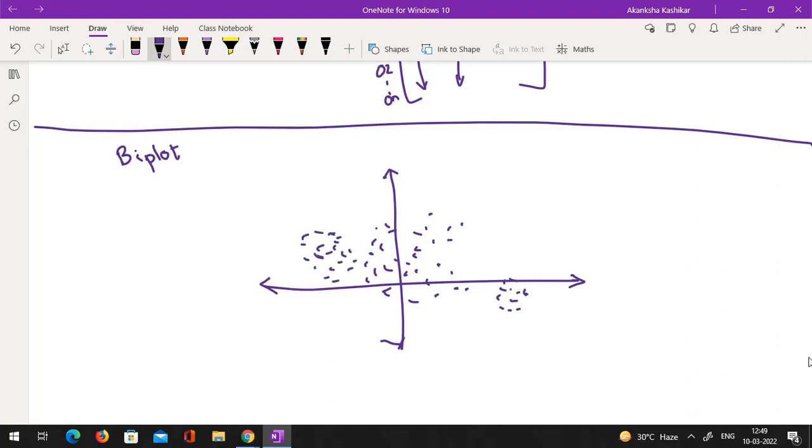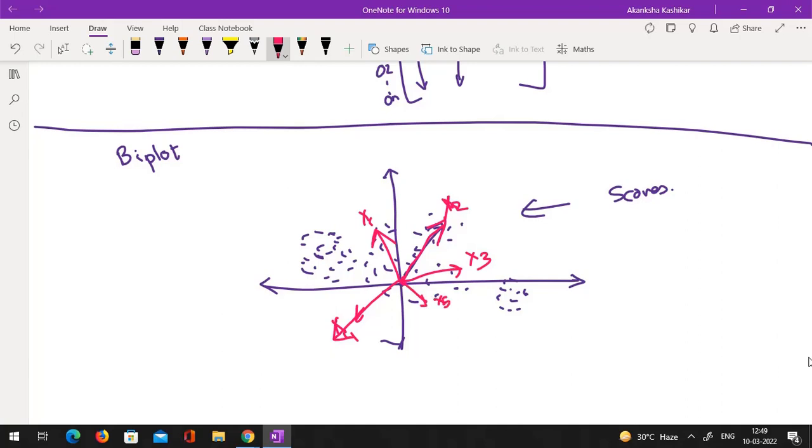These observations are plotted as scores. In addition to that, you also have variables in the form of arrows. You may have x1 here, x2 here, x3 here, and x4 here. Your variable arrows may have different lengths or the same length.